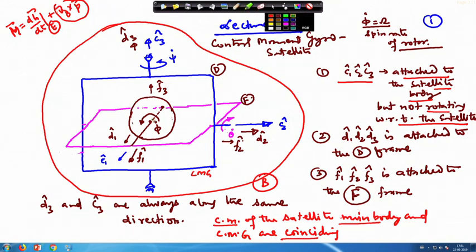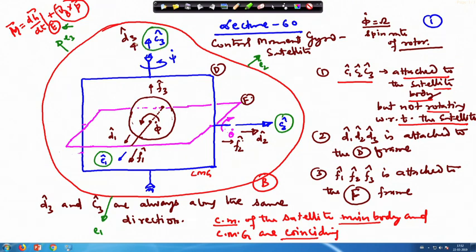Let us say these are the three directions of the body: E1, E2 and E3, the small e1, e2, e3. Capital E we have always used for the inertial frame. In this body, C1, C2 and C3 are fixed directions, they are not going to change.